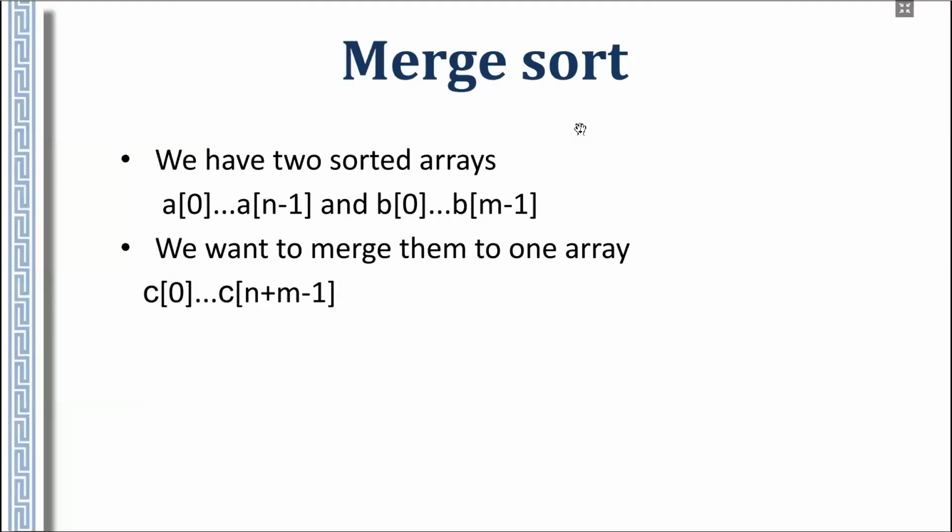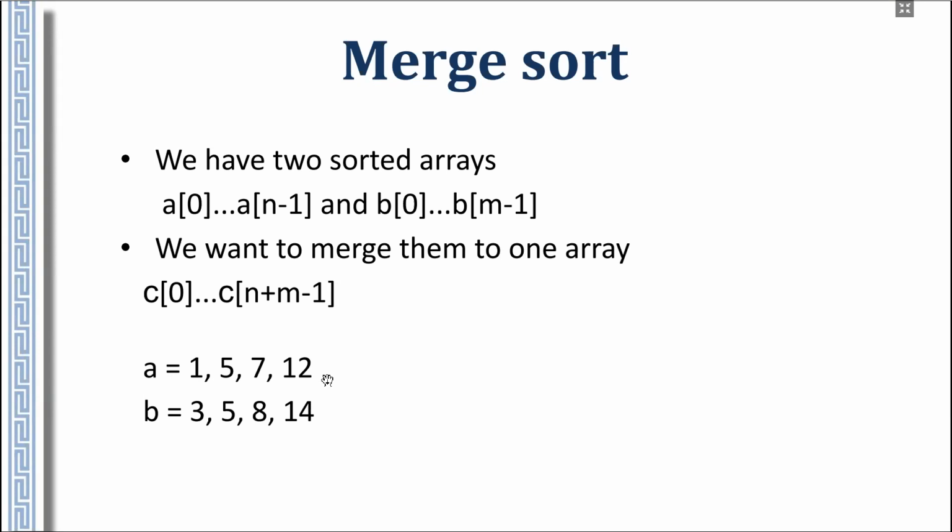Okay, we firstly discuss an additional problem called merging two arrays. Assume that we have two arrays that are already sorted. We want to merge them. We want to put them into a new array whose length is the sum of the lengths of these two arrays, and which contains all elements from these two arrays, but it should also be sorted.